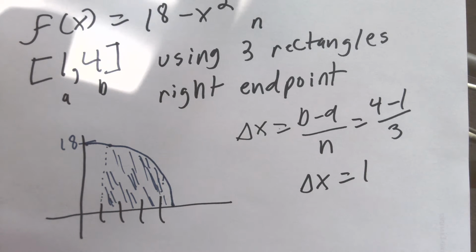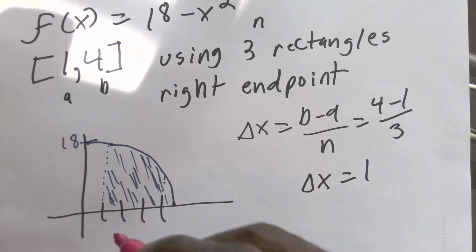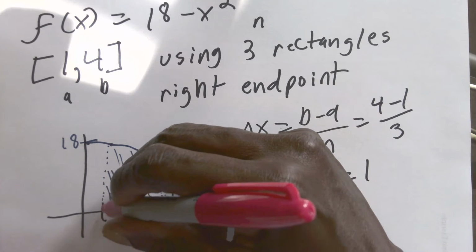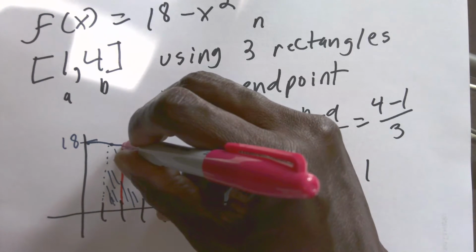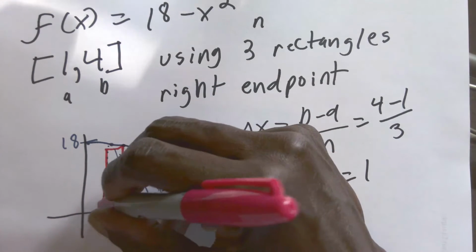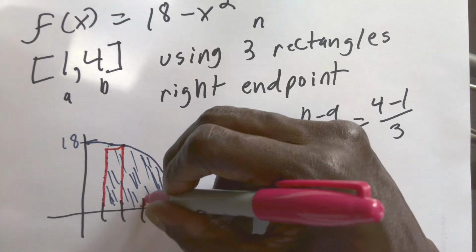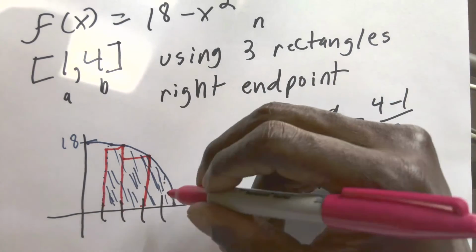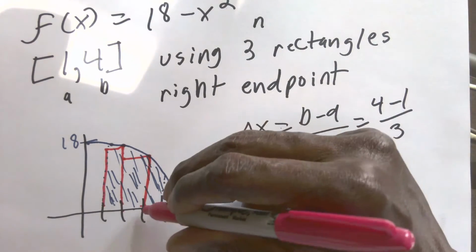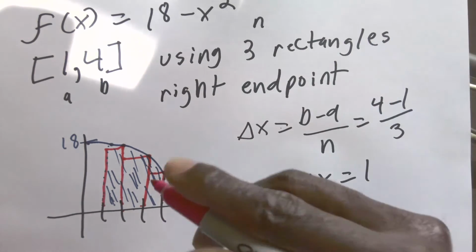For instance, for the rectangle from 1 to 2, the right endpoint, which is at 2, hits the function and comes down. The next rectangle from 2 to 3, the right endpoint at 3 hits the function. And same thing at 4, from 3 to 4, the right endpoint 4 hits the function.